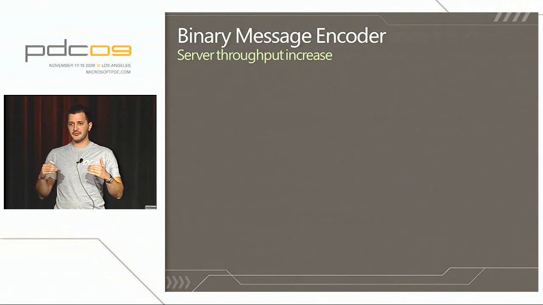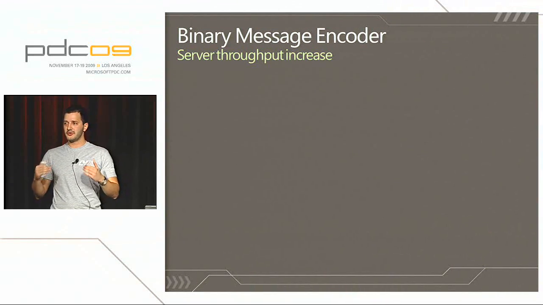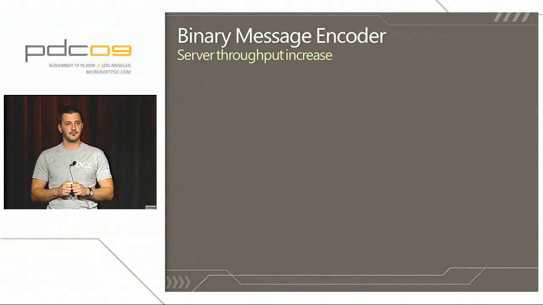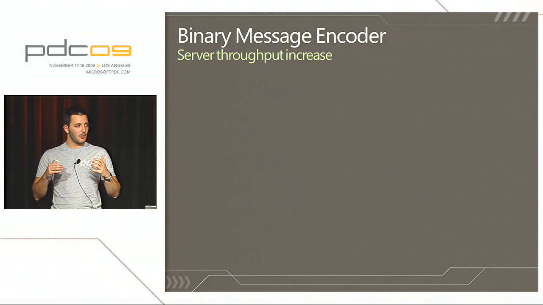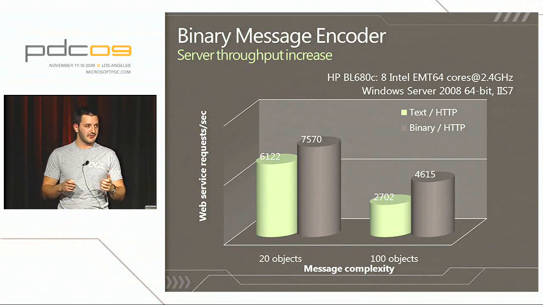Now, if you turn on this binary encoder, instead of the messages being encoded in plain text, we switch to this compact binary format. And the benefit of that format is server throughput. If you want your server to scale, the binary format really helps. And here's some data to back that up.